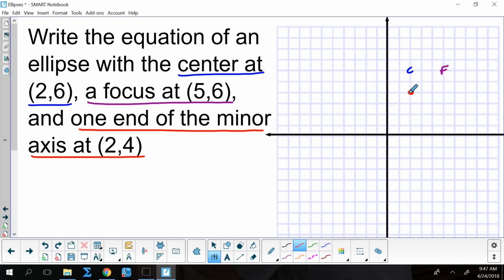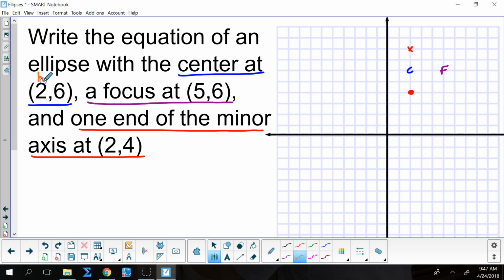Okay? What do we know? Does that really matter, though? Not really, but there would be another one up here. What else do we know? So we have h and k, right?